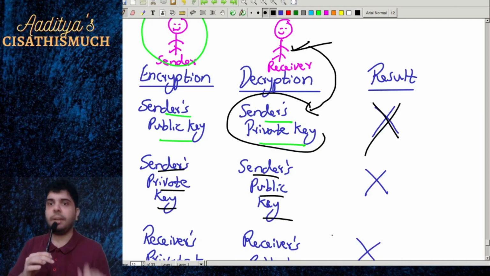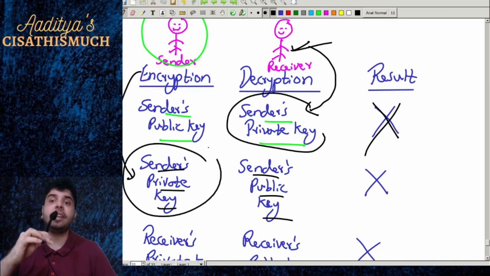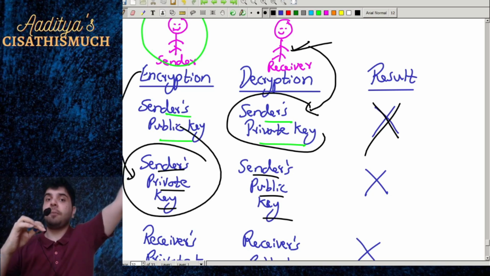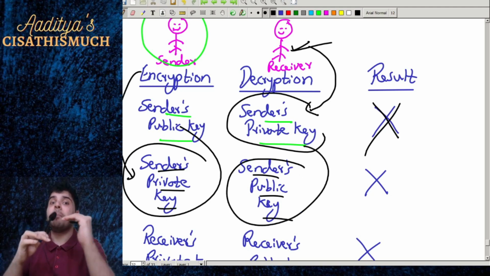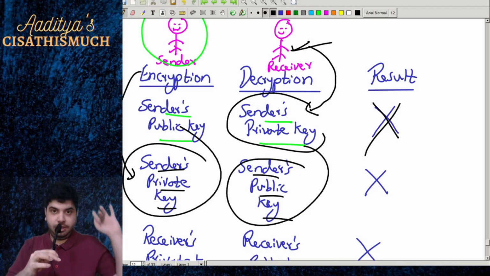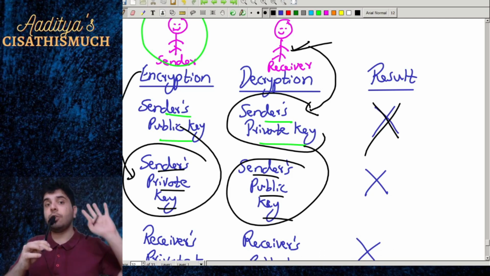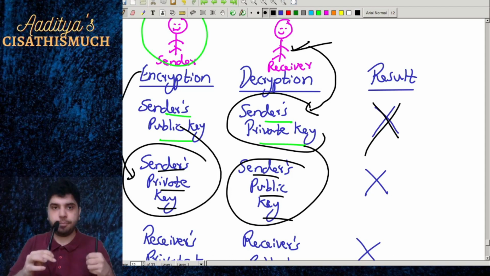But understand that if the sender is encrypting using the sender's private key, then anyone from the public can decrypt that data, because the sender's public key is available publicly. Just now we discussed the public key, as the name itself tells you, is publicly available. Anyone can get that particular key.